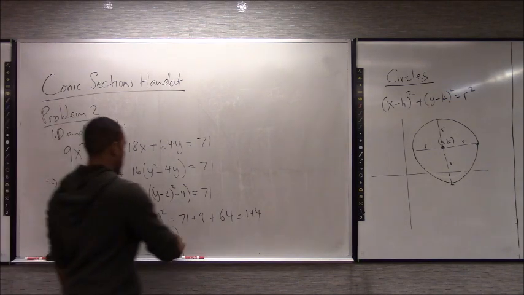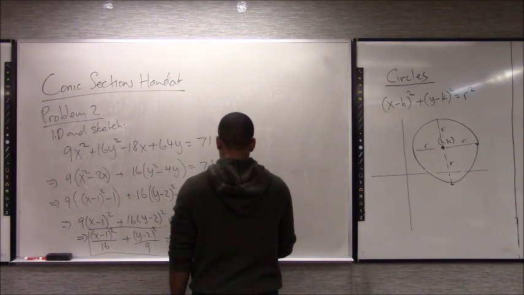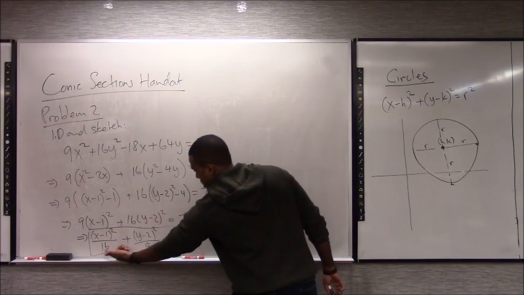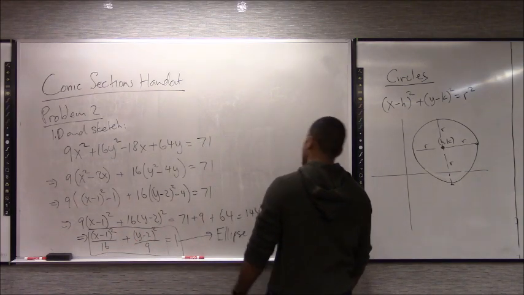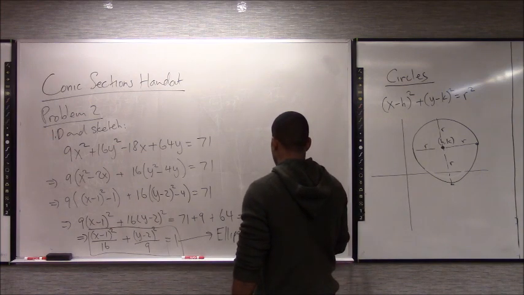So identify: that's an ellipse. How do I know it's an ellipse? There's a plus sign between the squares and the denominators are of different magnitudes. The center is 1, 2.